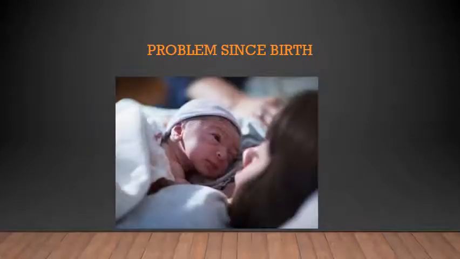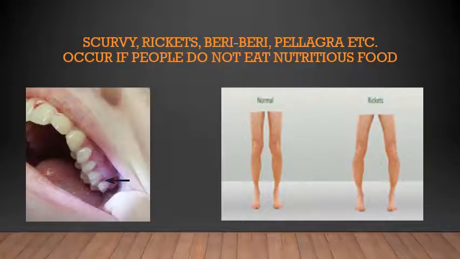Then problems since birth. Some children are born with some kind of deficiency or some diseases. That can also be a problem, and the diseases caused by these things are non-communicable diseases. Now we have learned how eating junk food, not exercising, and pollution cause diseases.